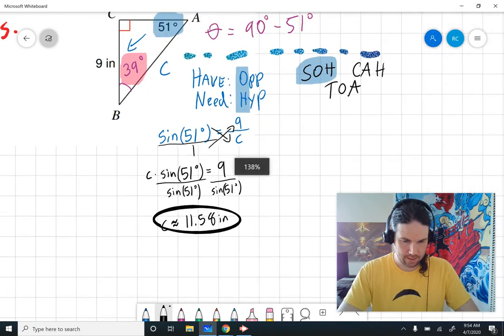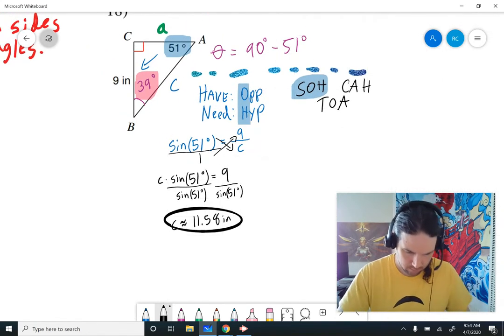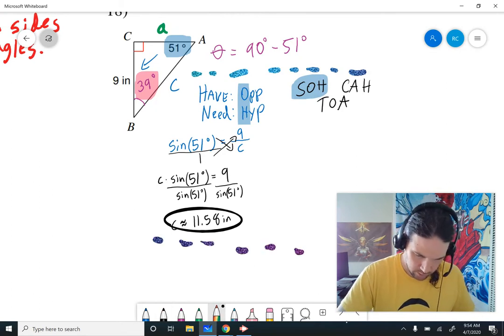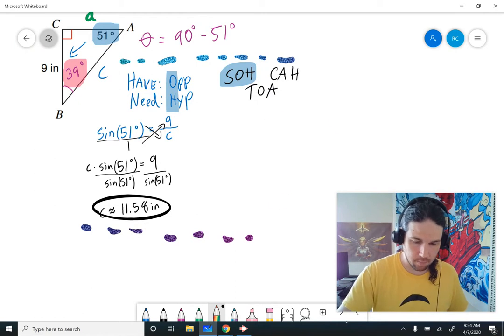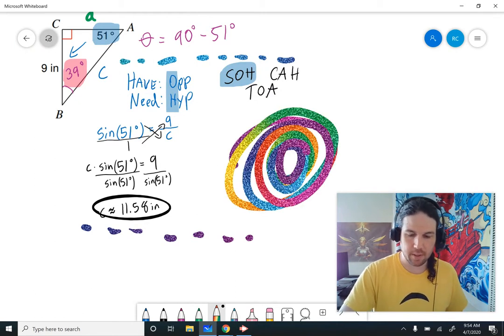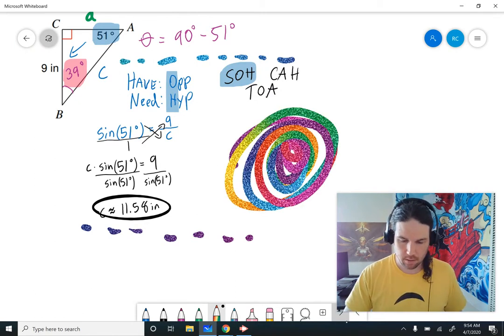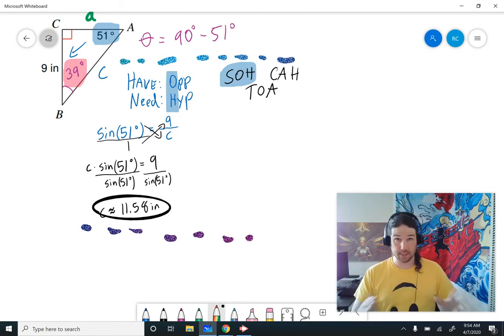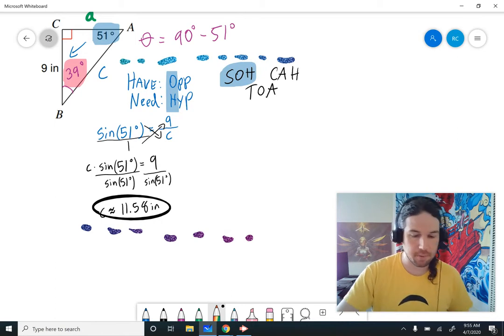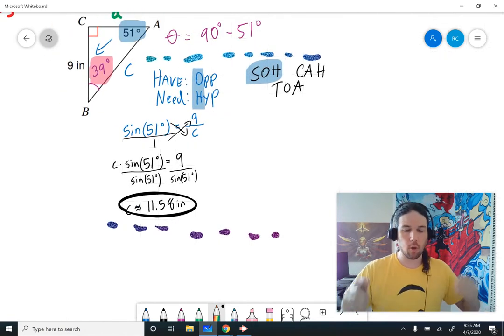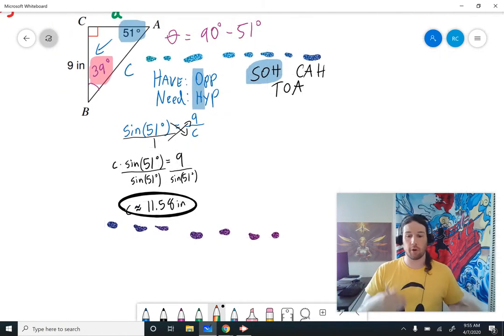All right. We've got C. Notice how even though I've got space over here to the right, I'm not using it. I am going in a vertical column. I want all of my work to be vertical so that I can always tell which step came in what order.